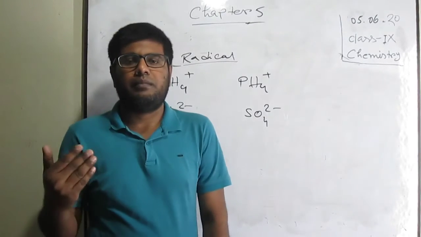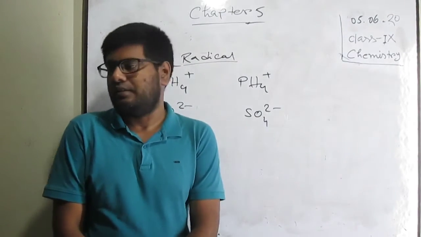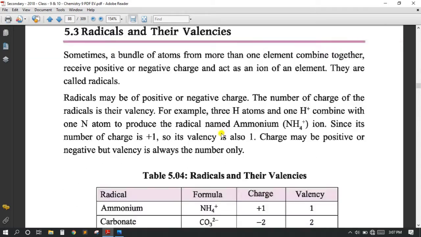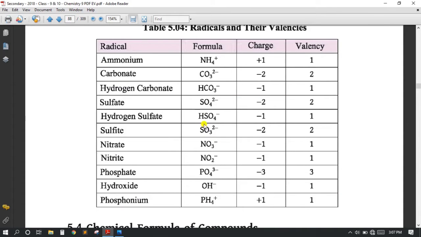So I am going to my laptop screen again. So this is your book. Here given ammonium, its formula is NH4 plus. I wrote it on my board, and its charge is +1. So this plus is +1 and its valency is 1.